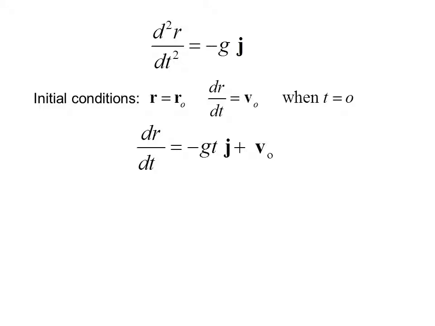Taking the antiderivative, we get dr/dt equals negative gt j plus v sub 0. Taking the antiderivative again, we get r equals negative 1/2 gt squared j plus v sub 0 t plus r sub 0.